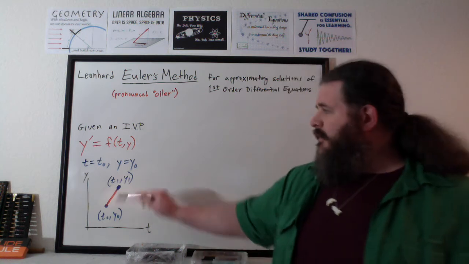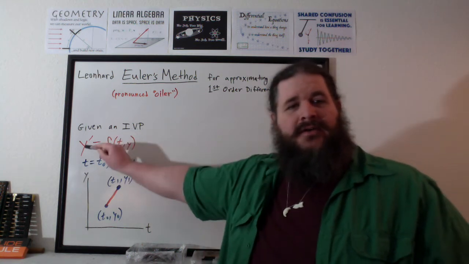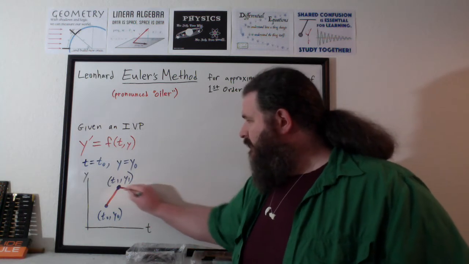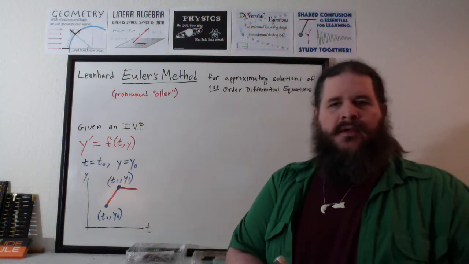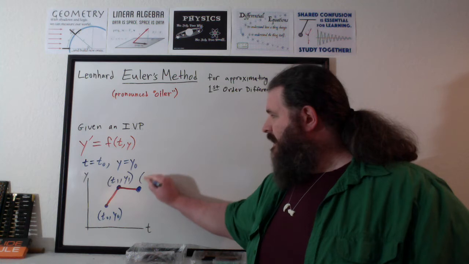And since that's now another ty coordinate pair, we can substitute that into the differential equation and calculate the new slope. Let's say the new slope here is maybe a slight negative, for instance. So it's now going something like that. Follow that linear approximation a little ways, and you get another data point. Let's say t2, y2.